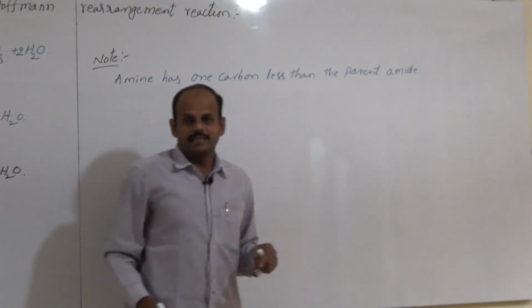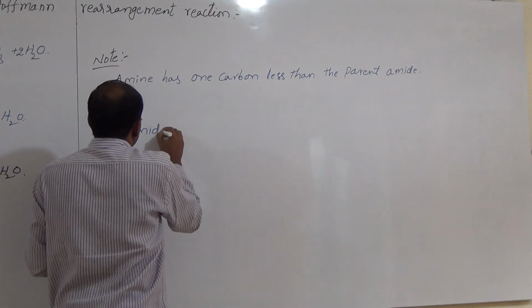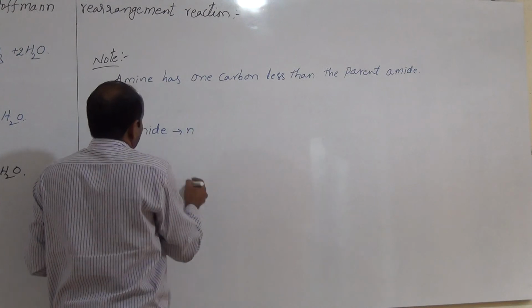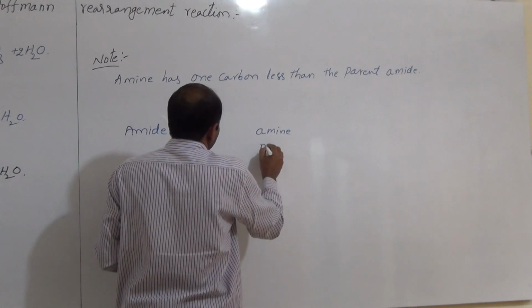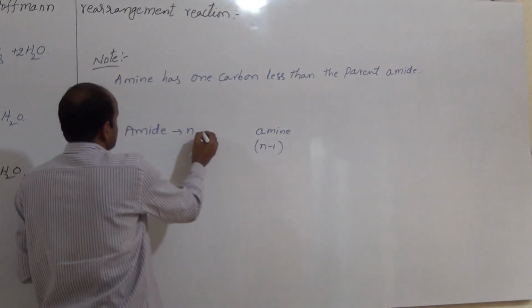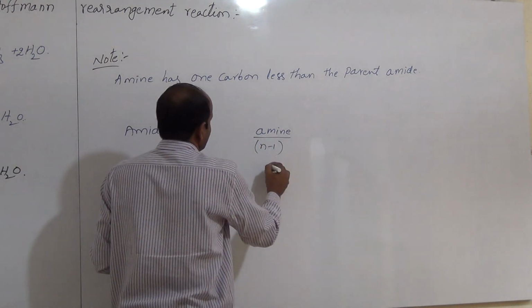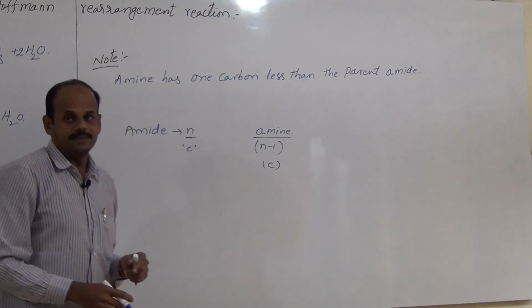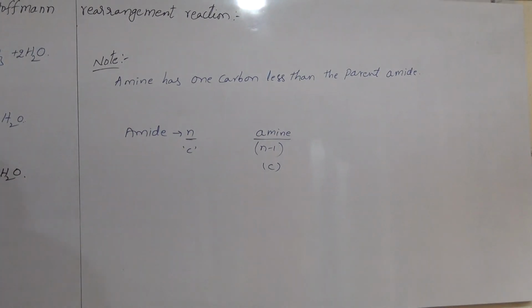If the parent amide has n carbons, then how many carbons does the amine have? N minus 1 carbons. Okay. If the parent has n carbons, then in the amine N minus 1 carbons are present. Because here CO is removed, no? Thus 1 carbon is eliminated.